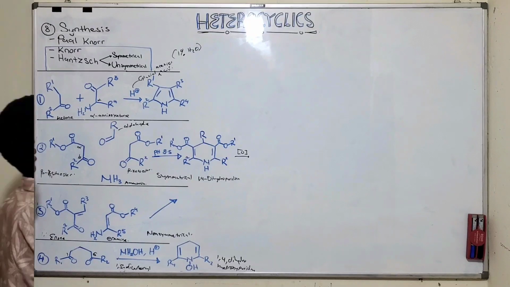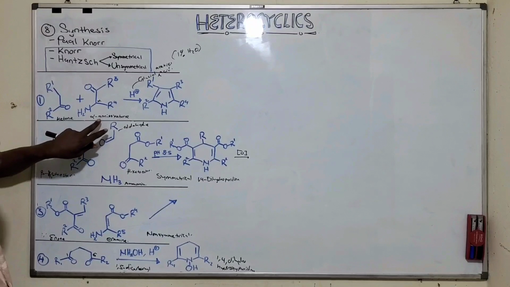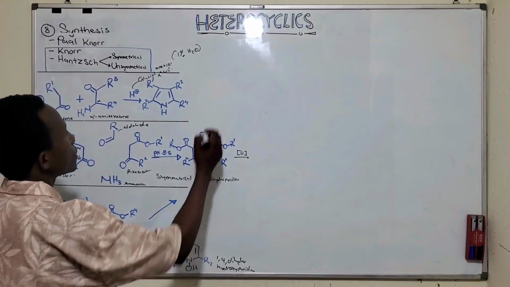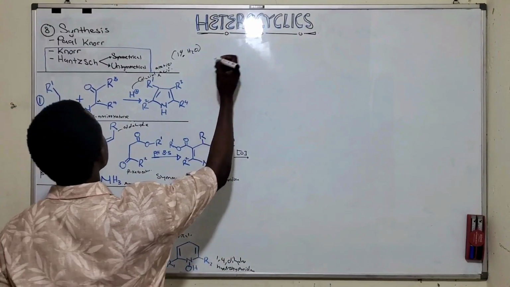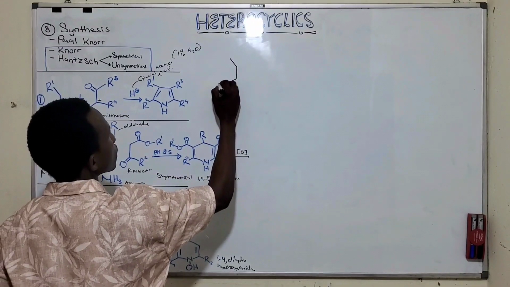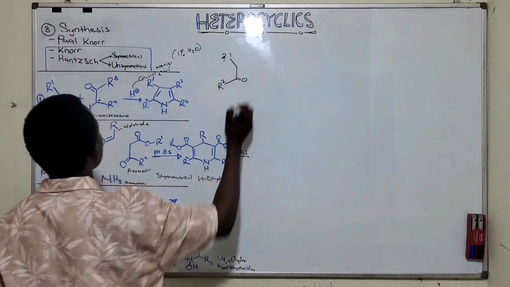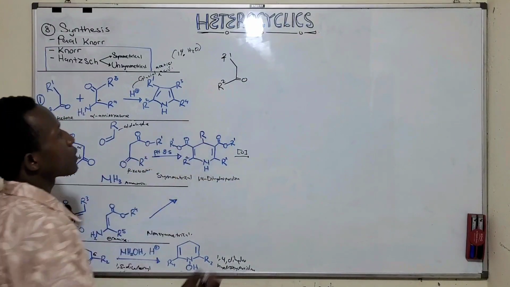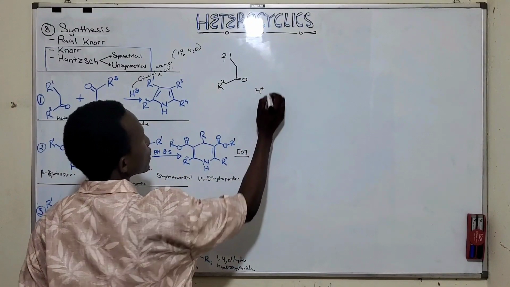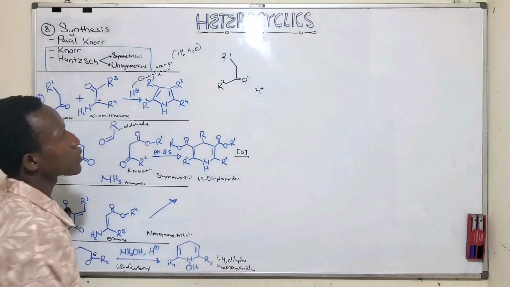Let's see the mechanisms. Let's begin with this one. We have a ketone and an alpha amino ketone in the presence of an acid. So our ketone, this one, this is R2, we have R1, and we have a ketone. We react with an acid. Remember, this oxygen has lone pairs of electrons.